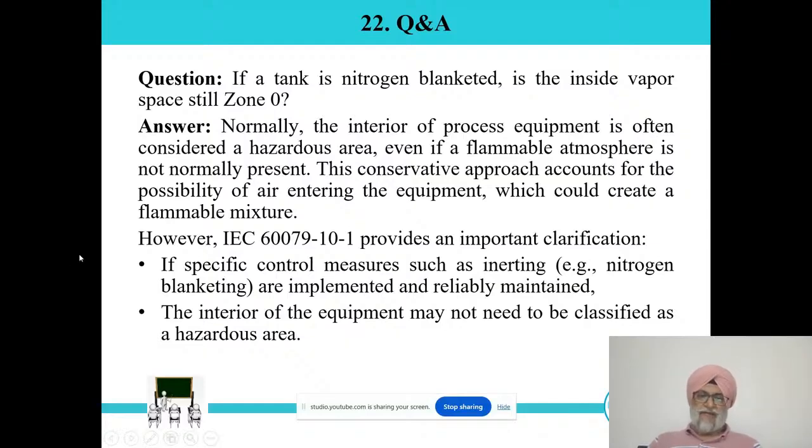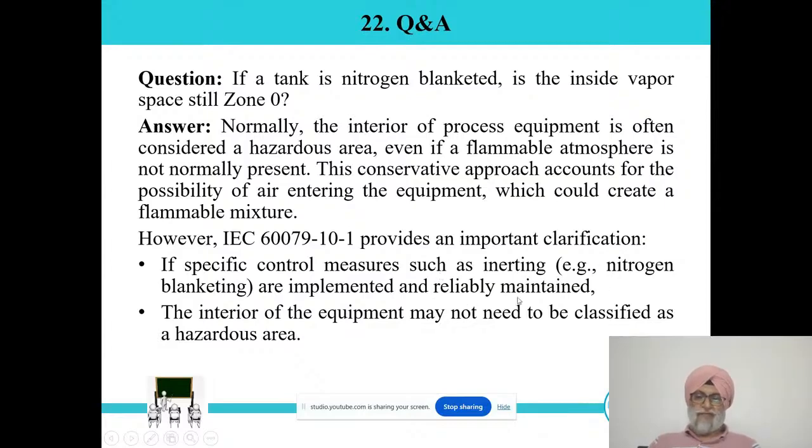However, IEC 60079-10-1 provides an important clarification. If specific control measures such as inerting are implemented and reliability is maintained. Reliability can be maintained through validation or by installing an oxygen meter in the equipment. The second part of reliability is we should ensure continuous nitrogen supply at a continuous, similar flow rate, as per the validation.